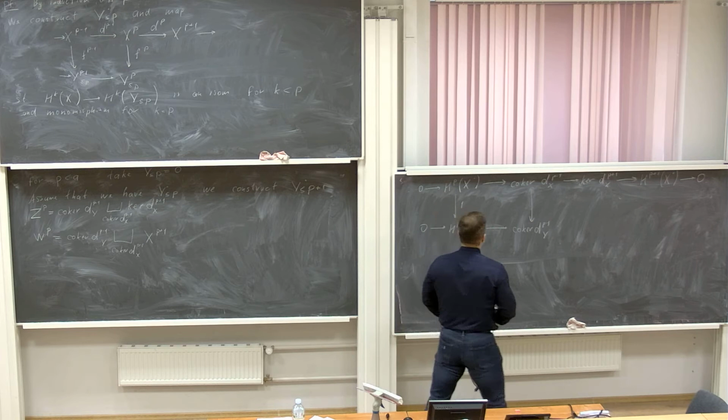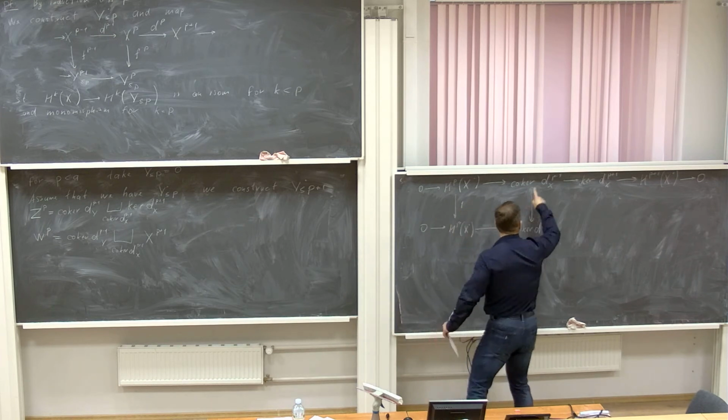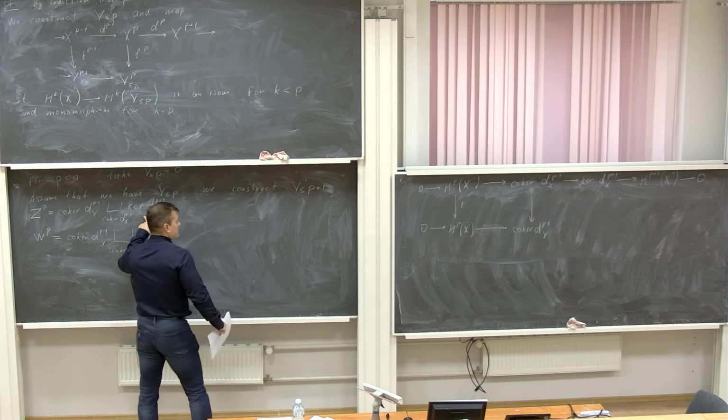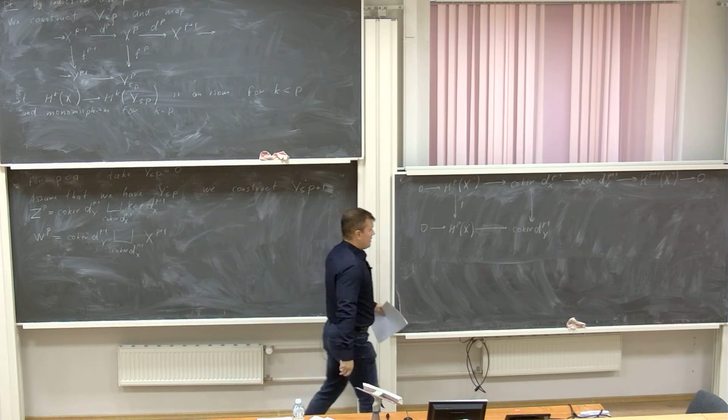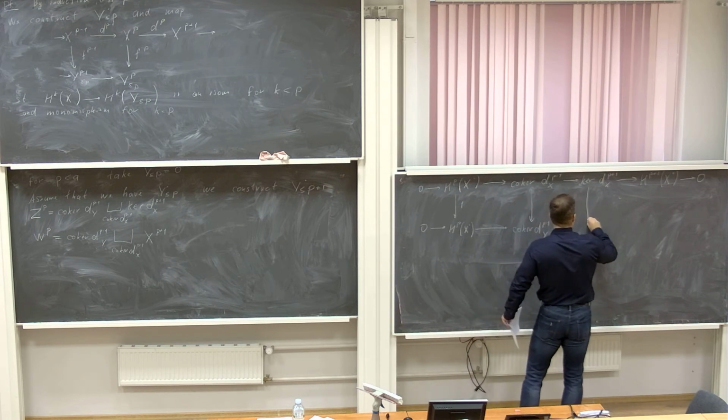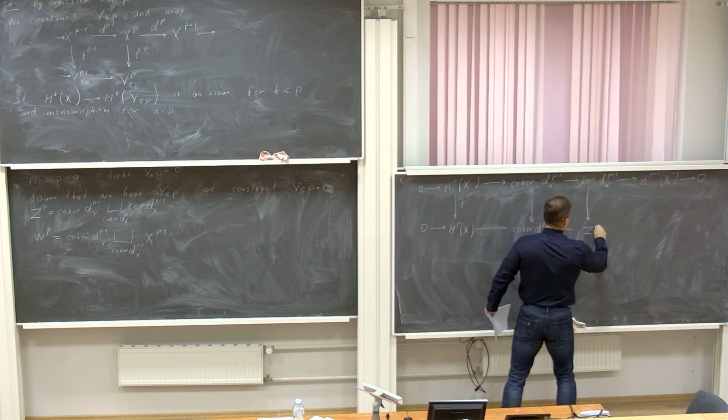And now you can see that these three objects are exactly the objects that we have in the definition of the Z^p. So we have this co-Cartesian square, and the Z^p is living here.